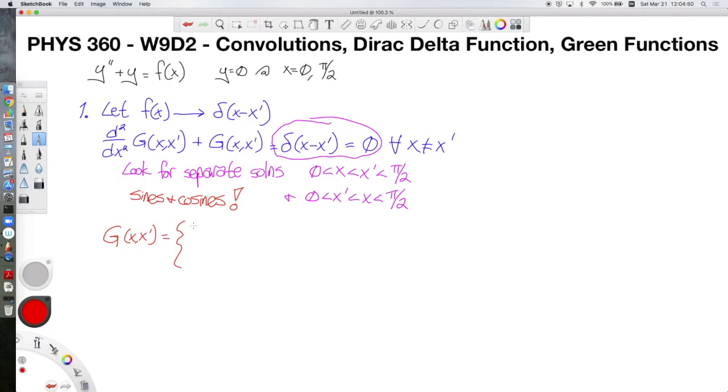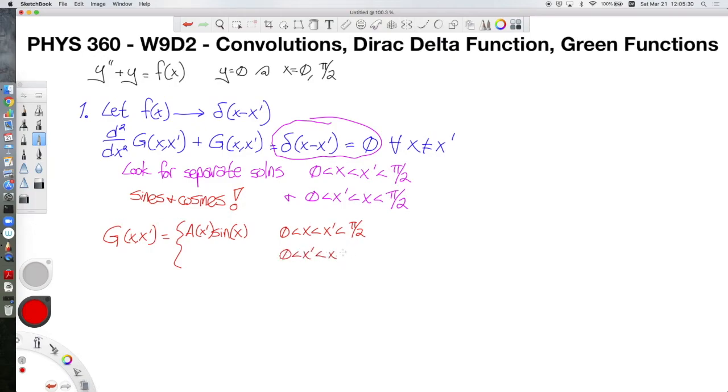So we're going to have a sine of x as part of our solution for when x is between 0 and x prime. But there's nothing stopping us from having some other function in terms of x prime act as a coefficient for this. So we really have A as a function of x prime, not x, times sine of x.